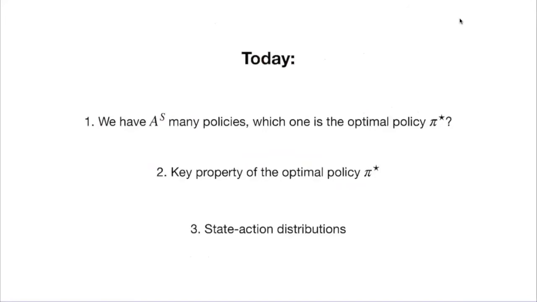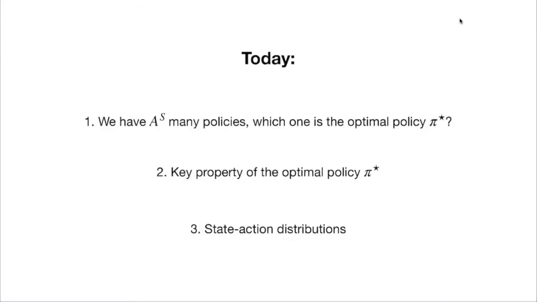For today, we're going to focus on the optimal policy of a Markov decision process. For a Markov decision process that has A many actions and S many states, we will have A to the S total many policies. So which one is the optimal policy, and how do we define optimality?